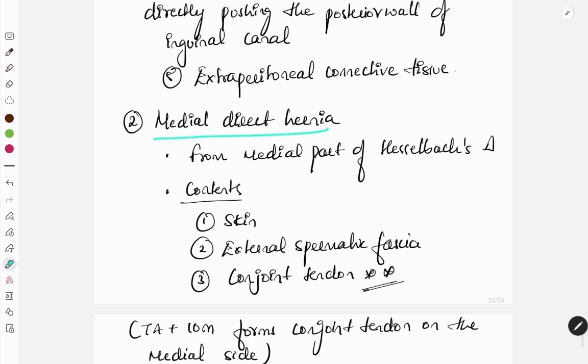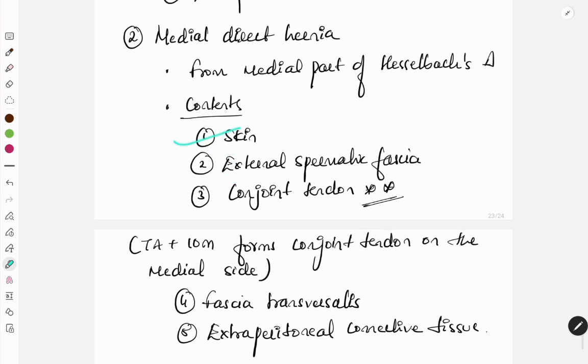Next is the medial direct hernia. This is from the medial part of the Hasselbalch's triangle. Contents in this will be skin, external spermatic fascia, and the conjoint tendon. This is important to remember. Transversus abdominis plus internal oblique muscle form the conjoint tendon on the medial side.